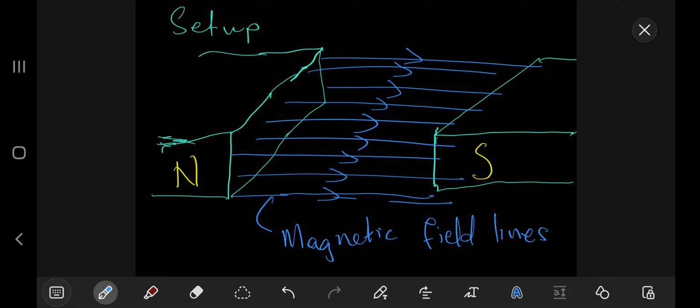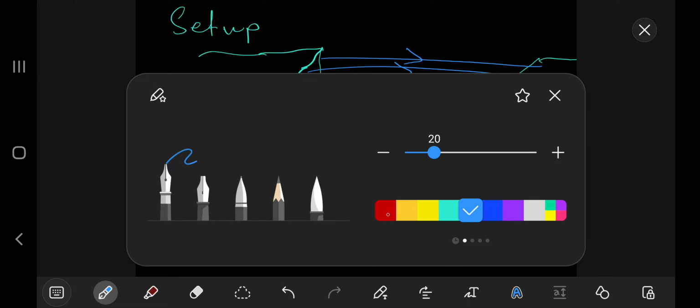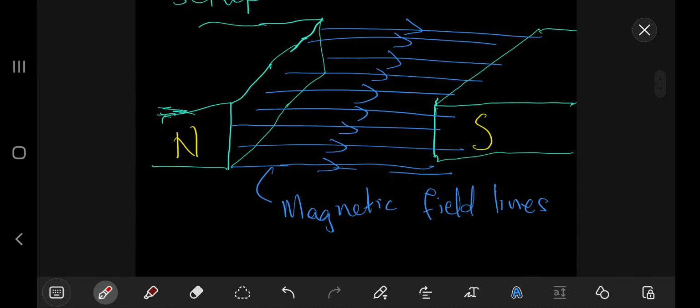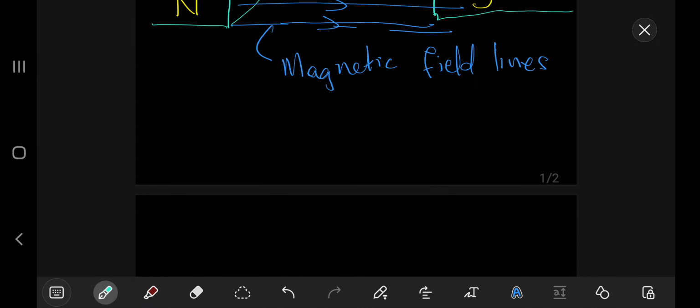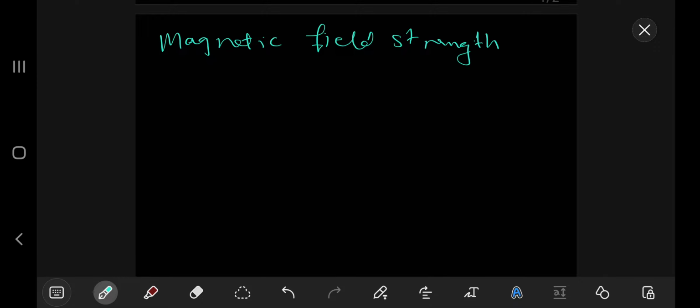Okay, so how do we actually generate electricity using this setup? We take a coil, right? Okay, before we go to the coil, let me explain the strength of these magnetic fields.